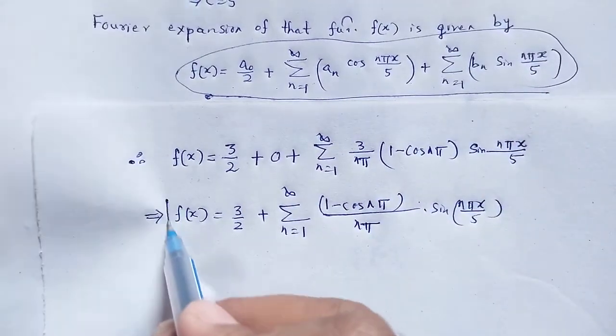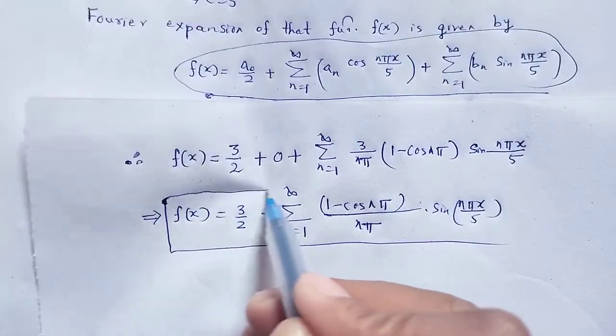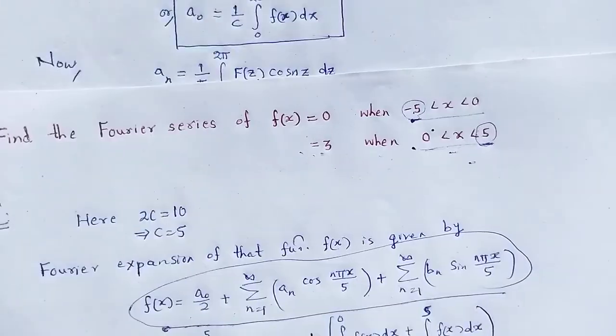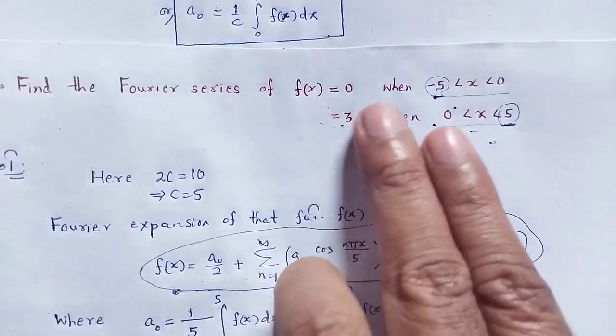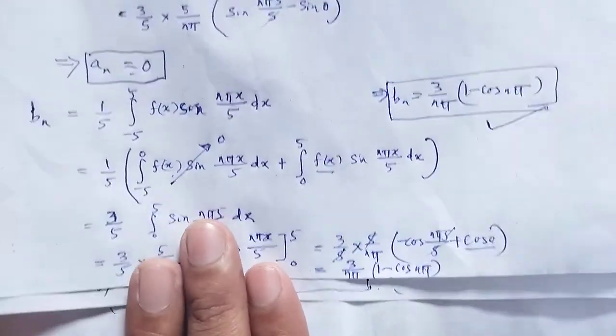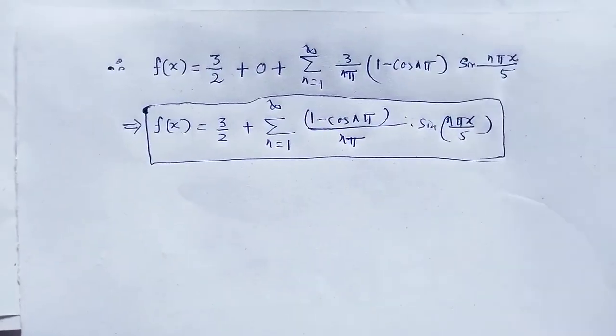Just rearrange it. This is the Fourier expansion of the given function f of x, equal to 0 in one interval and 3 in the other interval. We proceed in this way and finally get the result.